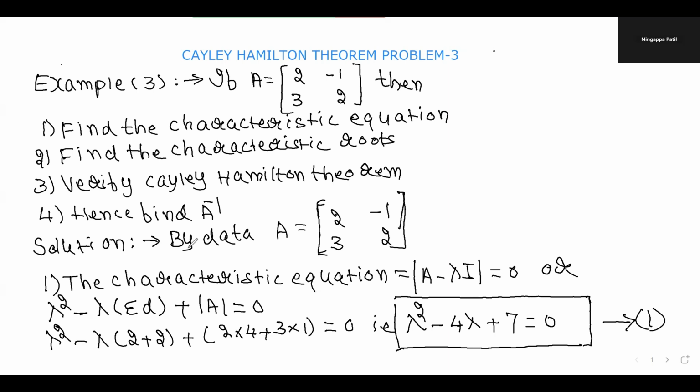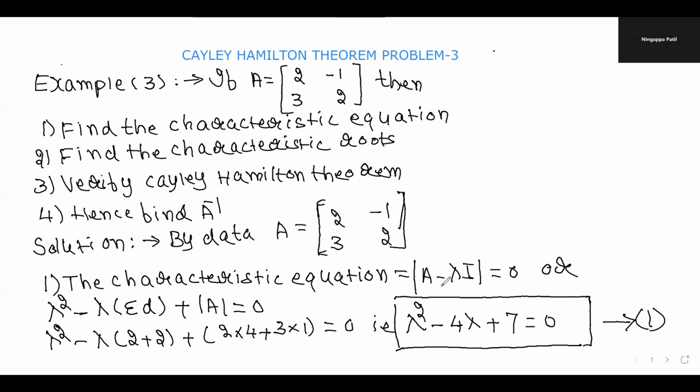And solution: by the data, A is given by the examiner as [2, -1; 3, 2]. This is a square matrix. Now, my dear students, number 1, the characteristic equation is the determinant of A minus lambda I equals 0.